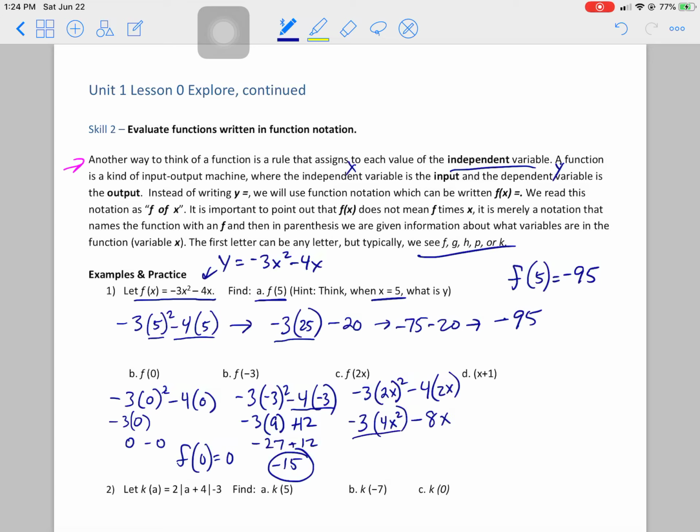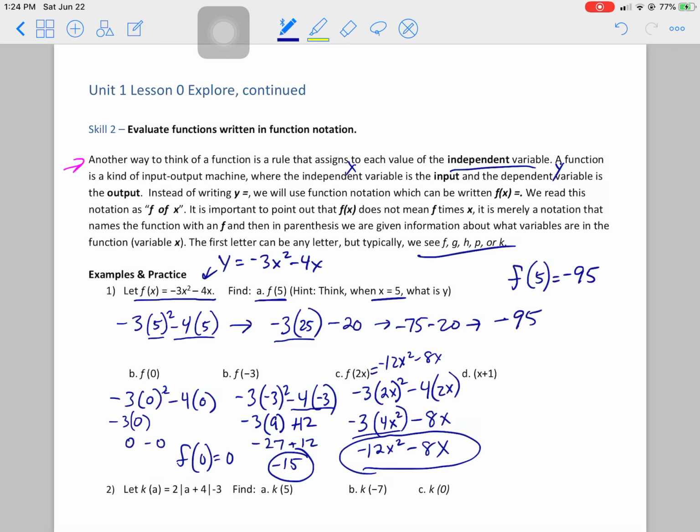This here is negative 12x squared minus 8x. These are not like terms. That is my final expression there. Apparently f of 2x equals negative 12x squared minus 8x. That is your final answer. They're allowed to look like that.